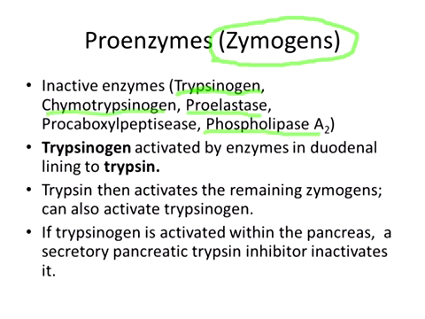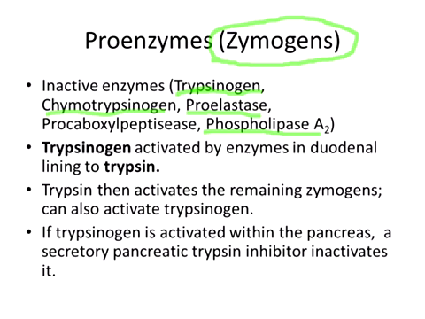Let's consider for a moment why it's important that the enzymes are not activated before reaching their target. As we have outlined, the targets of these enzymes are proteins, lipids, and carbohydrates. These are the same molecules that make up our own body tissues.